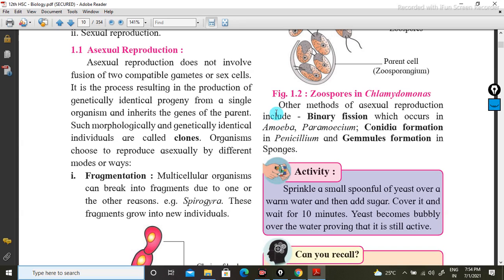Now in asexual reproduction, as I said, only a single parent is involved. There is no involvement of gametes, that is male gamete or female gamete, nothing like that is involved.